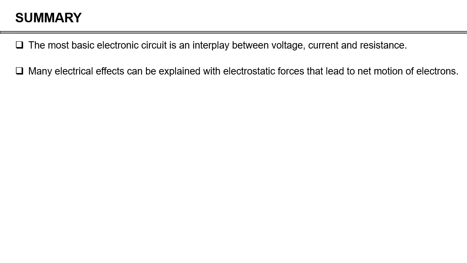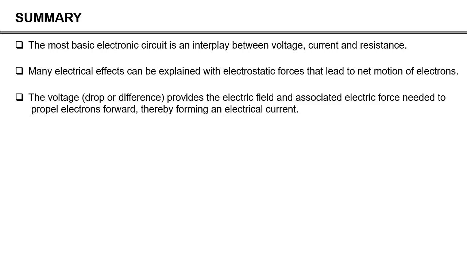Many electrical effects can be explained with purely electrostatic forces that then lead to a motion of the electrons. However, we will see in the next video that for radio frequency coils, we also need to consider things outside of the wire, dynamic effects, and then electrostatic forces aren't sufficient.